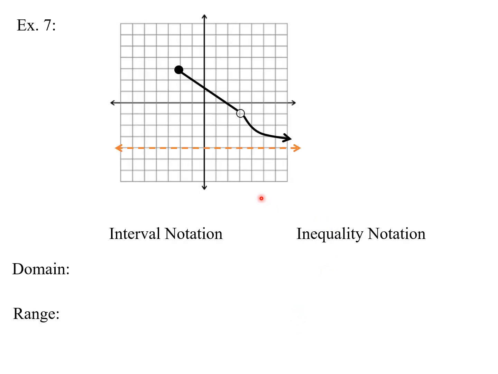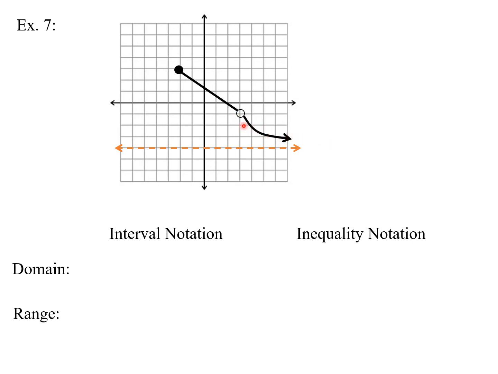All right, let's try this weird looking function here. This is actually a function, right, by the vertical line test. The domain, starting at the left, first encounters the graph right here at x equals -2. And as we keep going, it keeps touching it until here. That open circle means that it doesn't include x equals 3, but it includes everything else.